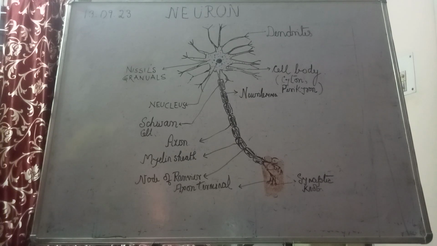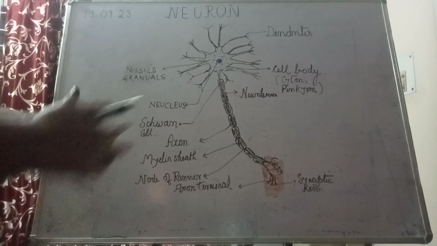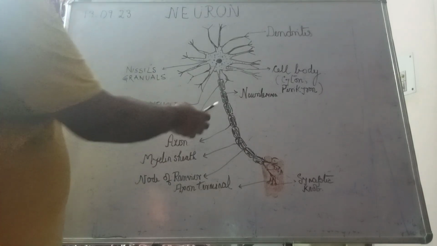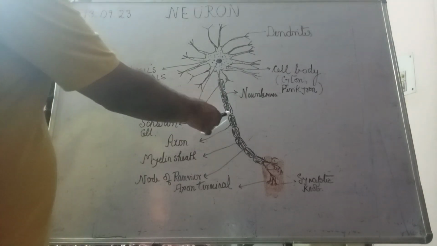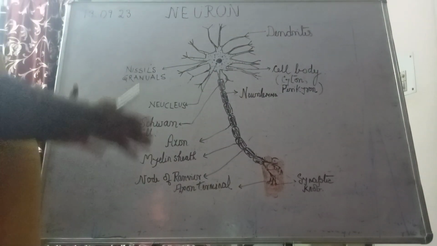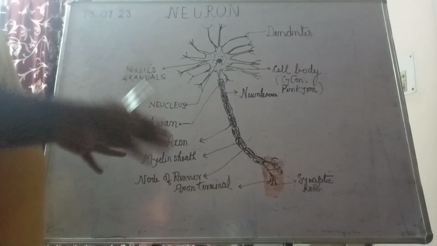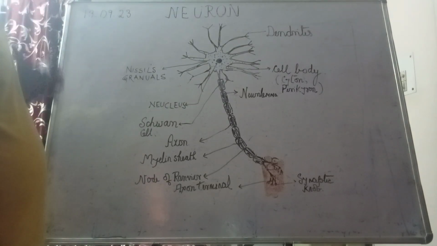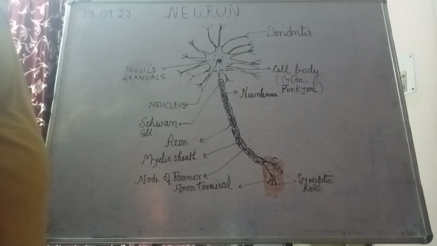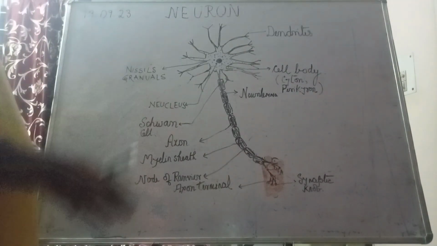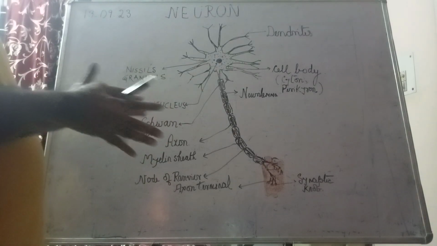Synaptic knobs are containing neurotransmitters. What are the neurotransmitters? You all know. They are the chemicals which help in the conduction of an electric nerve impulse from one neuron to another. Like this, the wave of conduction flows. So that is how control and coordination takes place. So these are the synaptic knobs in the synapse, in the gap between two neurons.